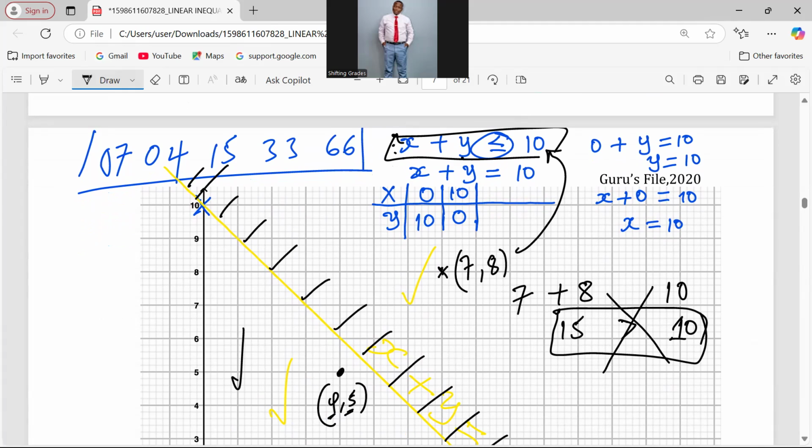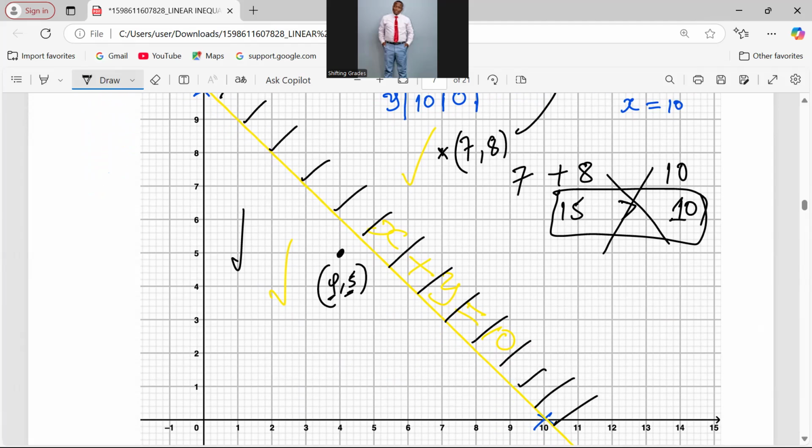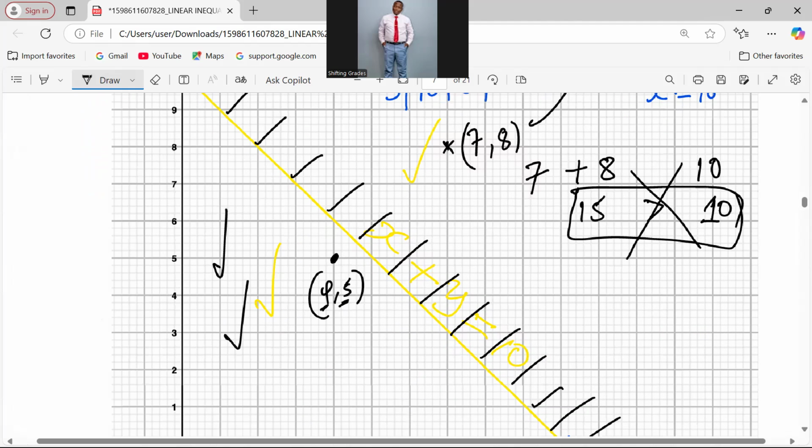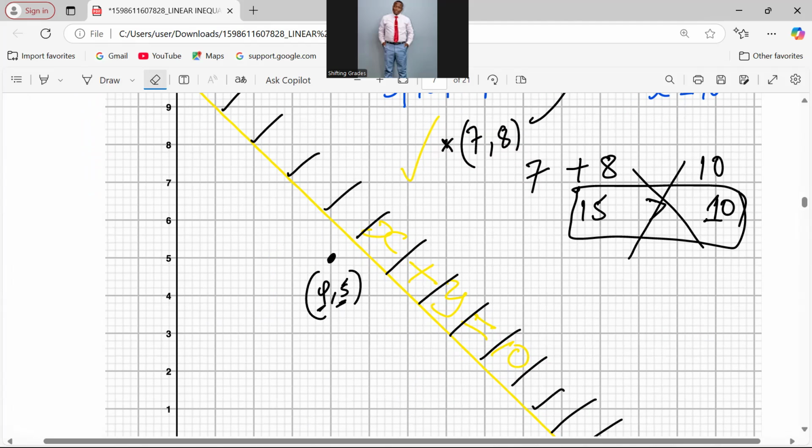So 4 plus 5 is 9. And now we ask ourselves, how are 9 and 10 related? 9 is less than 10. Therefore, this automatically becomes the right side. Now, if this is the right side, it has to remain unshaded the way we have already done.